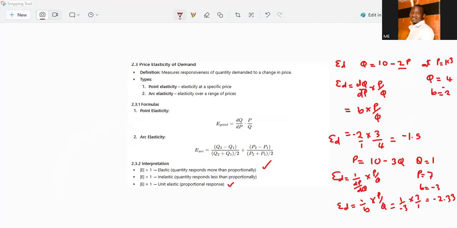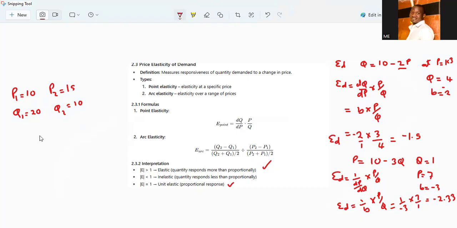So if you are given, for instance, the price of bread increases from 10 kwacha to 15 kwacha, causing the quantity demanded to reduce from 20 units to 10 units. So what is the arc price elasticity?